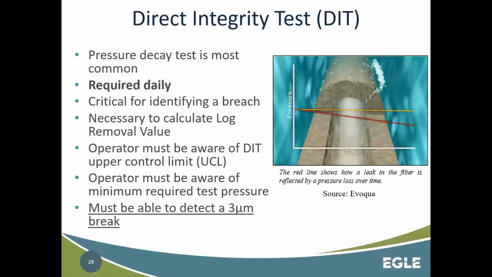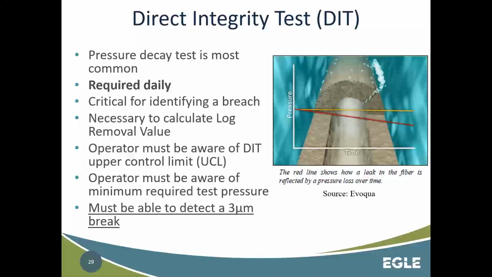And so if you look at this little graphic here, we would be in direct integrity or pressure decay test mode here. And in this instance, we have a leak. You can see the bubbles coming out. So air is introduced to the inside of that tube, and that pressure is held.